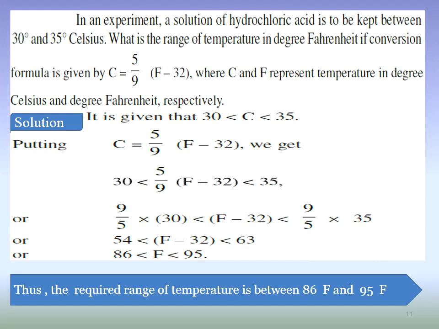So you get a condition like 30 is less than 5 by 9 within bracket F minus 32, less than 35. Now after solving this, we got the value of F which is between 86 and 95. So how to write the answer? The required range of the temperature is between 86 degrees Fahrenheit and 95 degrees Fahrenheit.